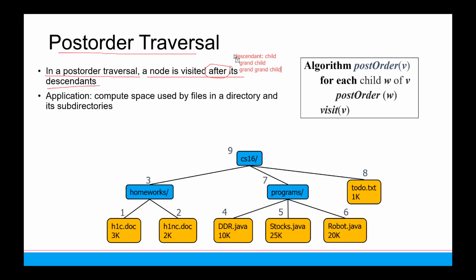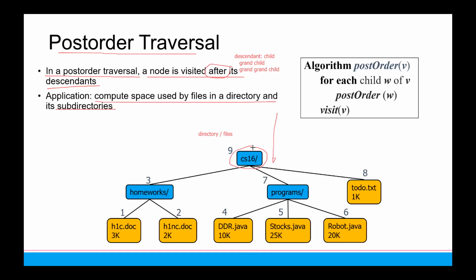And so on. So the application is how to compute the space used by files in a directory and its subdirectories. Let's say in this example, it is a directory in the computer. You can see the file structure.